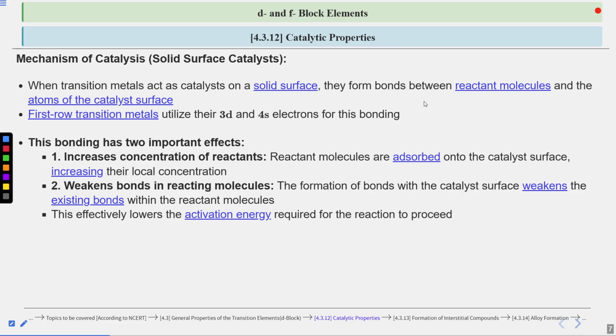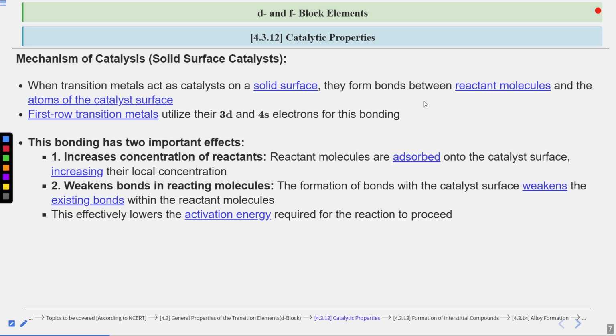This effectively lowers the activation energy required for the reaction to proceed. Activation energy is the minimum amount of energy required to initiate a chemical reaction. When the reactant molecules form bonds with the catalyst surface atoms and the reactant bonds are weakened, the activation energy gets lowered, and this is a good thing.